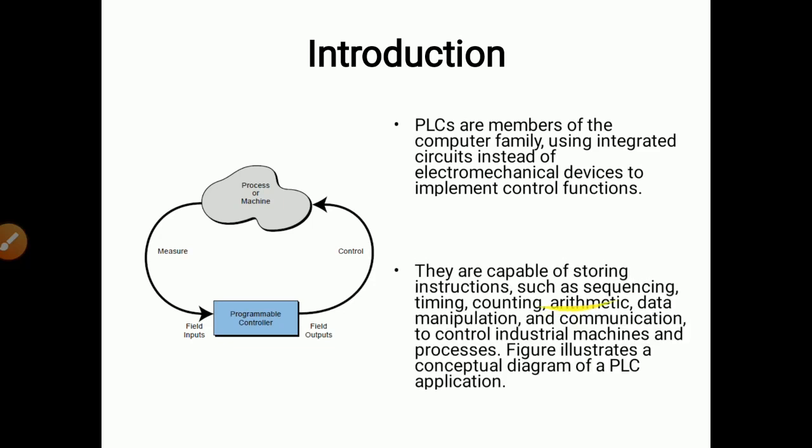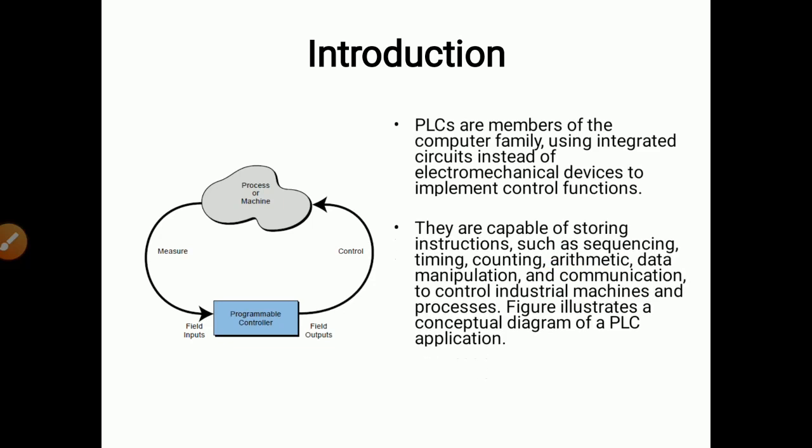They are capable of storing instructions such as sequencing, timing, counting, arithmetic, data manipulation and communication to control industrial machines and processes. If we want to control industrial machines and processes, we need all these types of operations: sequencing, timing, counting, manipulation. All these are done with the help of PLCs.